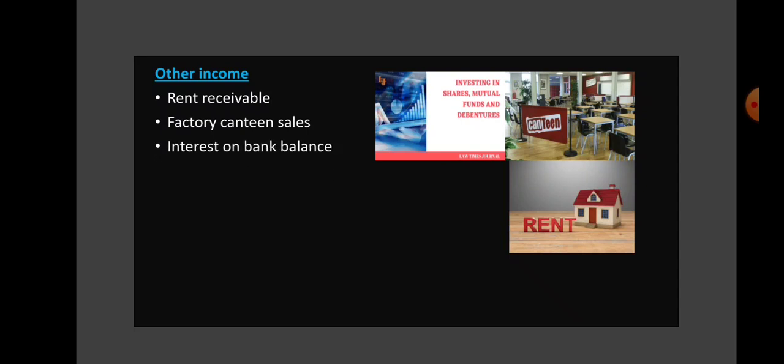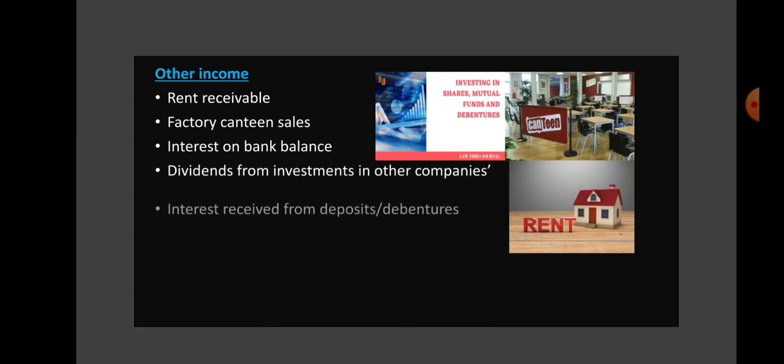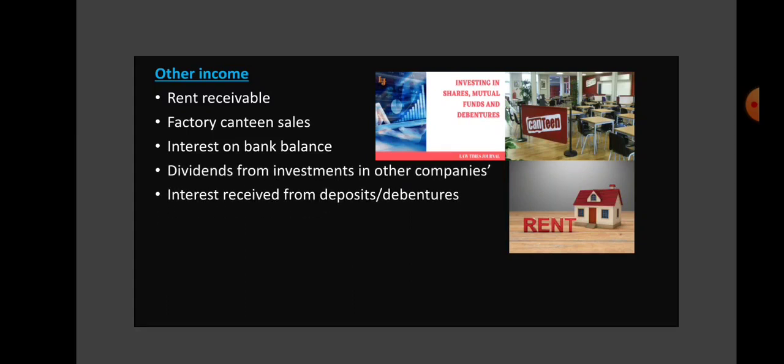Okay, so interest on bank balance when you receive, when you have some positive balance. Of course, if you have a negative balance, it would be a finance cost. Other than that, if you are investing in other activities, like investing in the shares of other companies, making fixed deposits, or buying debentures, those also will be the returns you get on other investments.